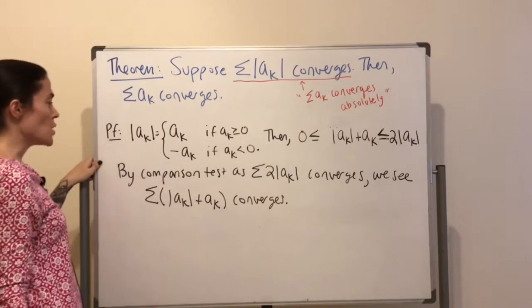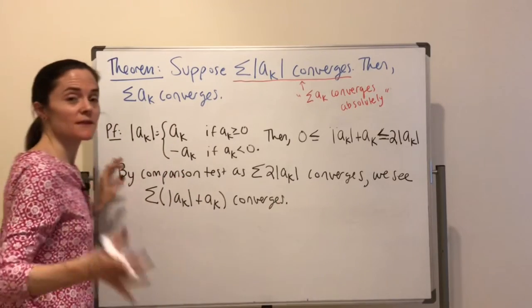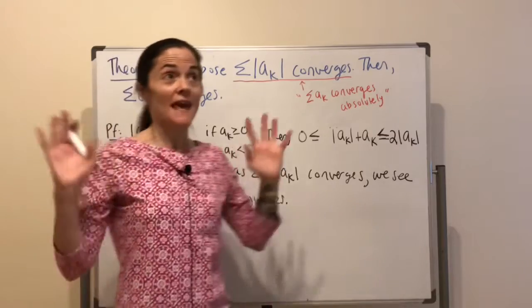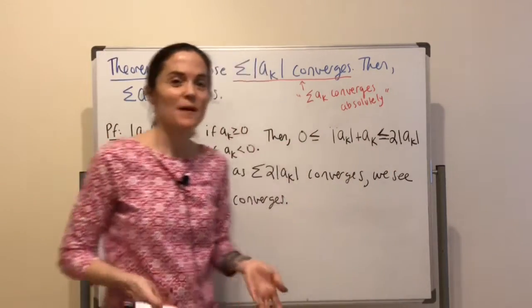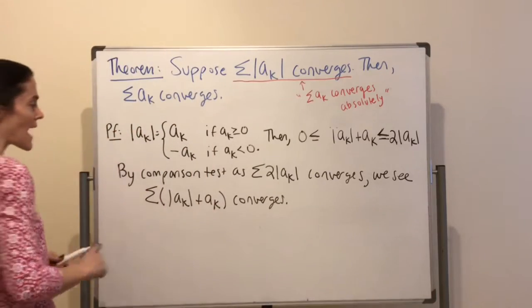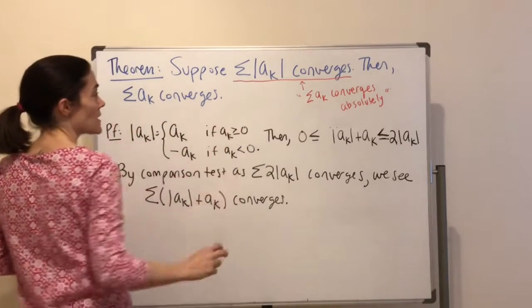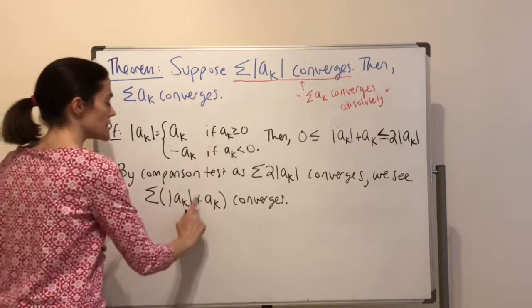Okay? Well, I am trying to show the series a_k itself converges, which I can't use comparison on because this series might be positive and negative, right? I'm trying to show it converges, but look what I have. I have the sum of a_k in absolute value converges. This converges.